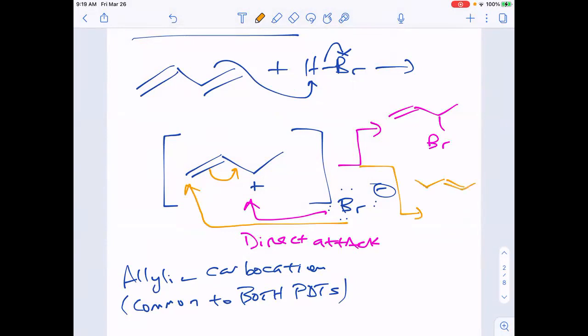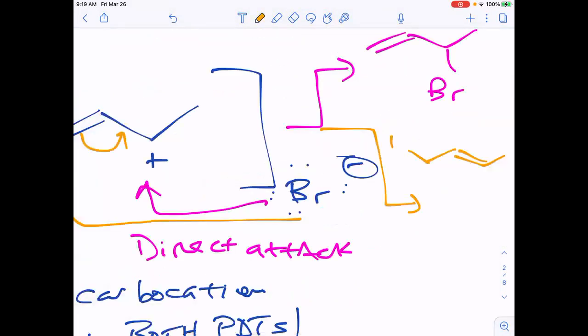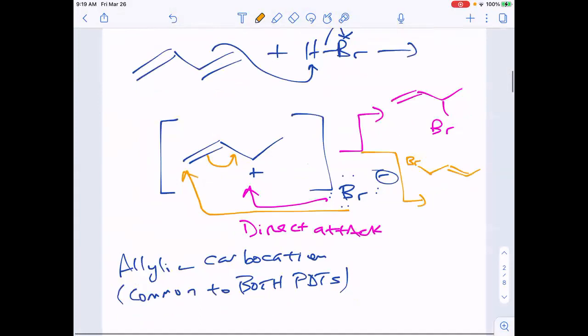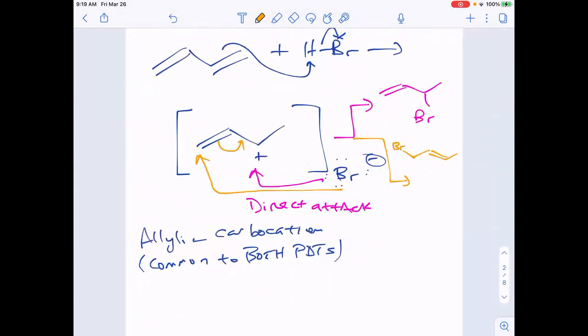Or bromine is here. Let me fix that up. Like that. Anybody not see that? That product we can call the resonance product. I'm going to show you why. We're also going to give it another name too, but for now we're going to call it the resonance product.